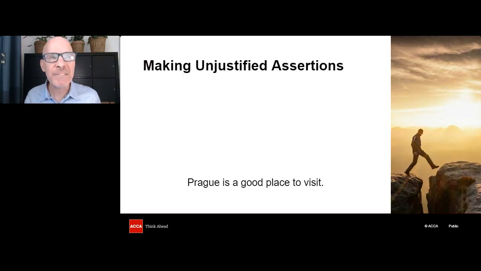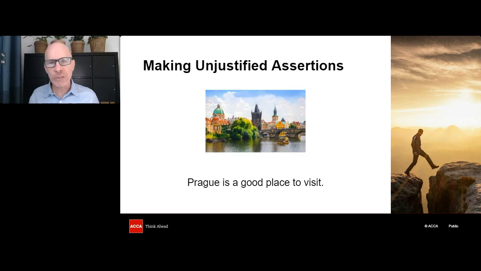It's very easy to make an unjustified assertion. Guys, I live here in Central Europe. I live in the small, beautiful city of Prague, Czech Republic. When I meet my friends, I tell them, yeah, Prague is a great place to visit. People nod their heads. They might have heard of that. Yeah, I'd love to come sometime.